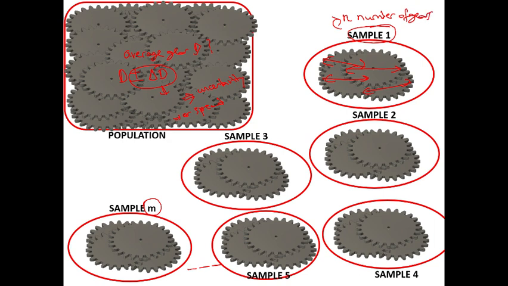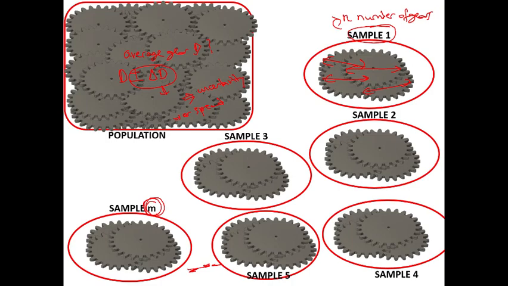What it means is that we can have 10 gears for each sample, or 15 gears, it depends. And finally we have m number of samples. This one is m. You can have 100 samples, or 50 samples. Again, it depends on the problem and the case that you are trying to analyze.